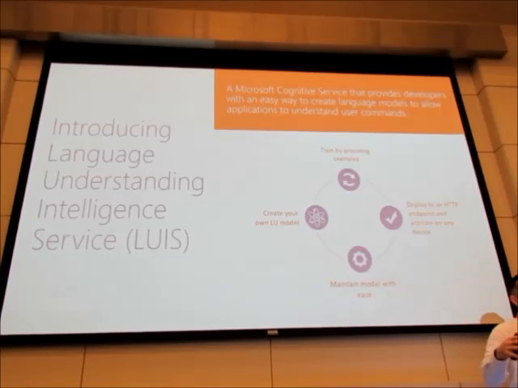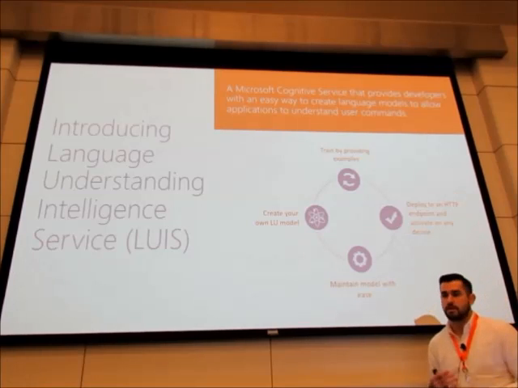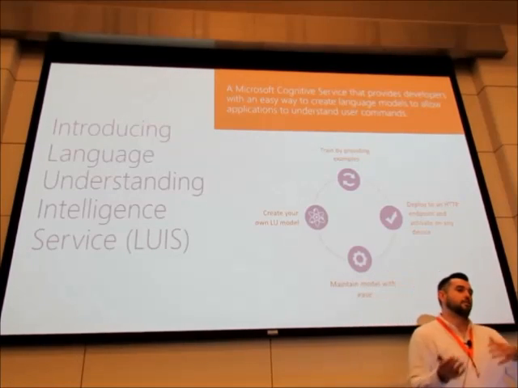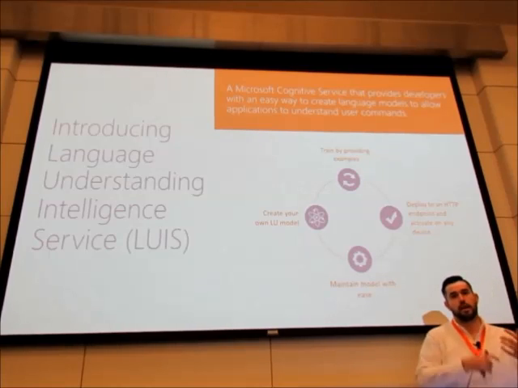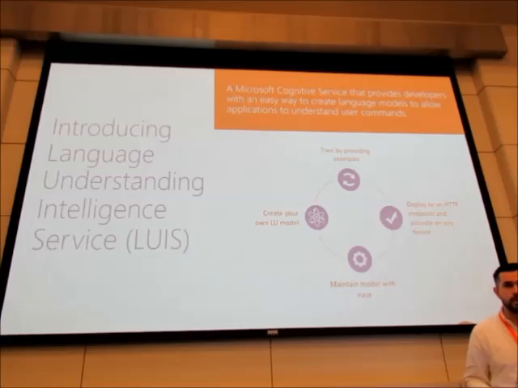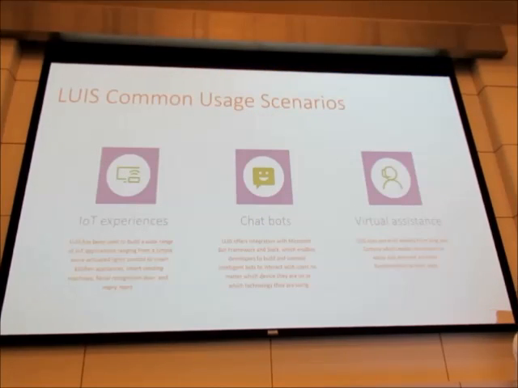Then you deploy that model to the endpoint. Azure will take care of this all for you. And you start getting sample data in. You start looking at it and maintaining your model. You start seeing utterances that you're doing well on, and utterances you're not doing so well at. And you go back to the drawing board and tweak your model. It's an iterative process, over and over again, trying to tweak it to get better and better.